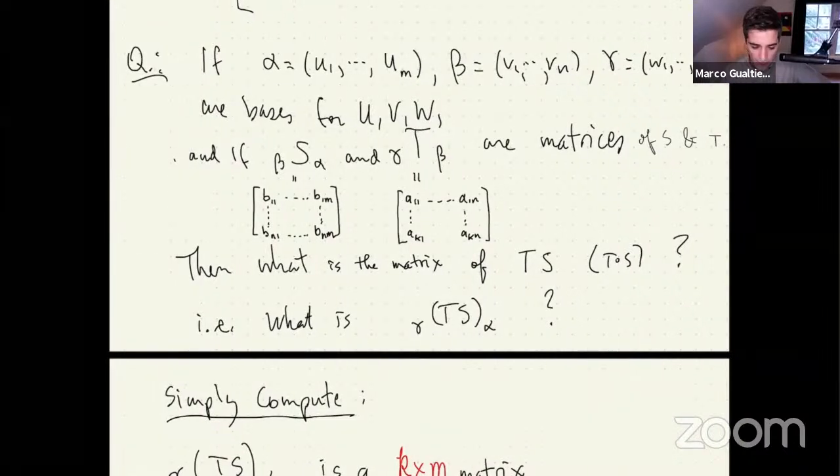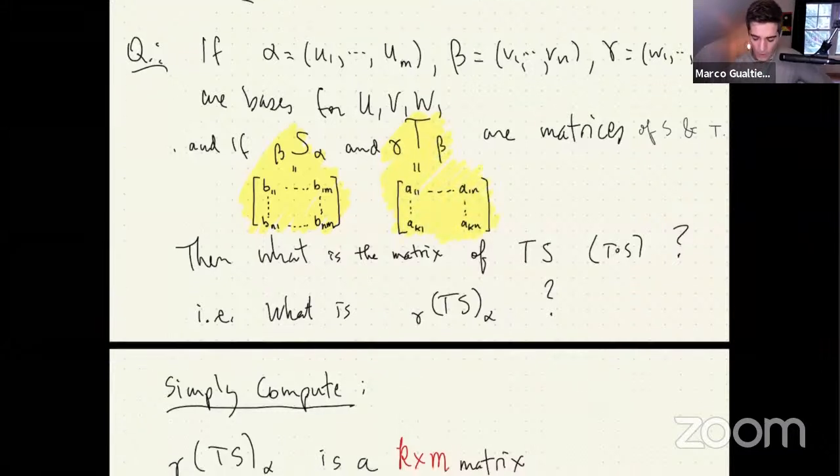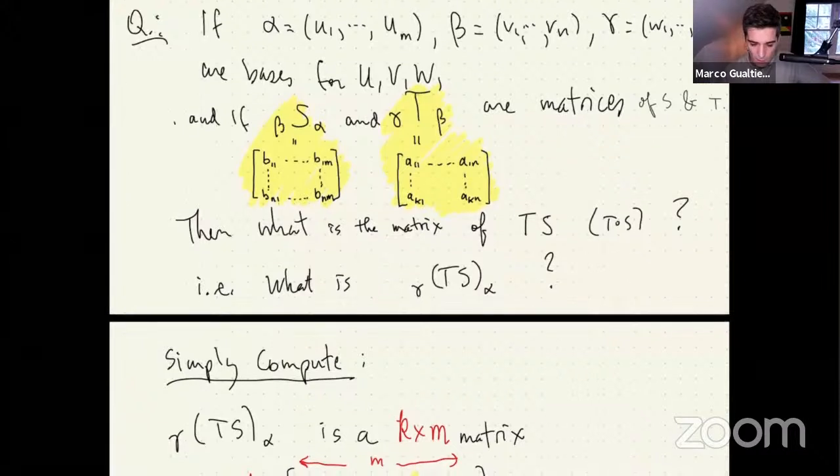Okay, so if we're given the explicit description of S, and the explicit expression of T, what is this thing? We don't know what the answer is, but what kind of object is it?